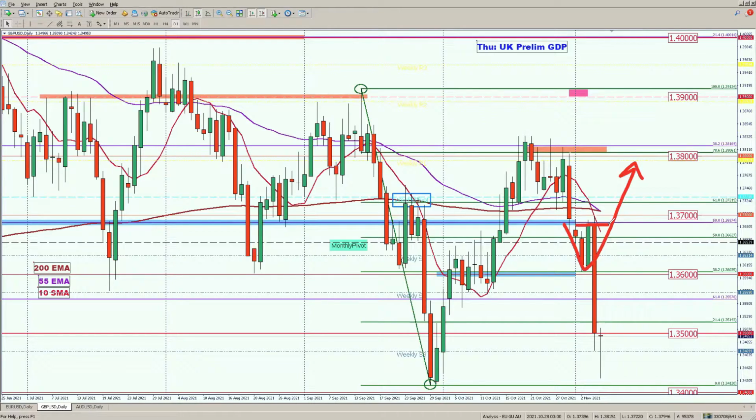It was blocked at the 55th, came back up to the 55th zone, and then instead of climbing up as it would have hoped to the 138, it fell instead with the bad news down to 135 and actually hit the weekly S3 on the Thursday night.